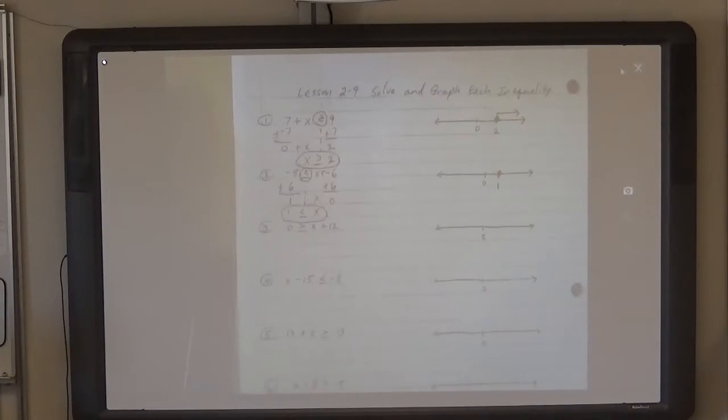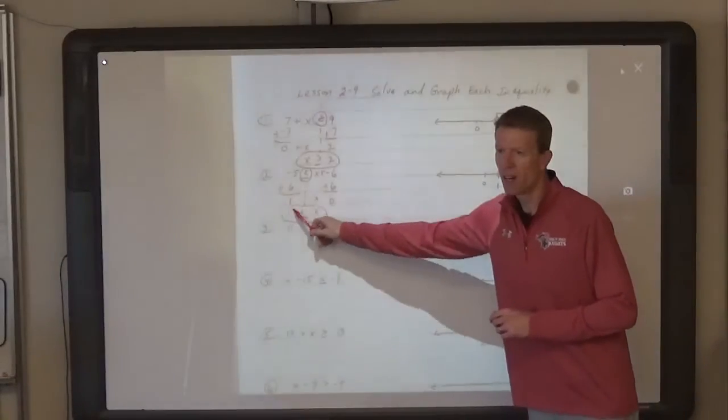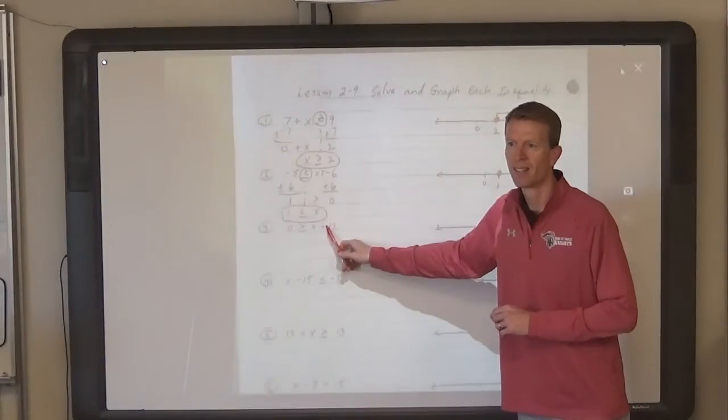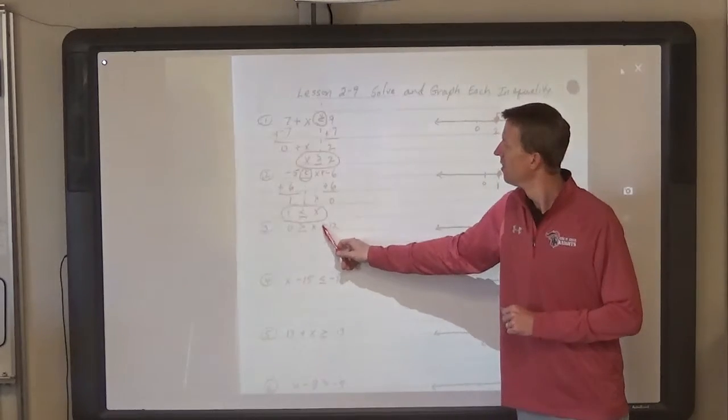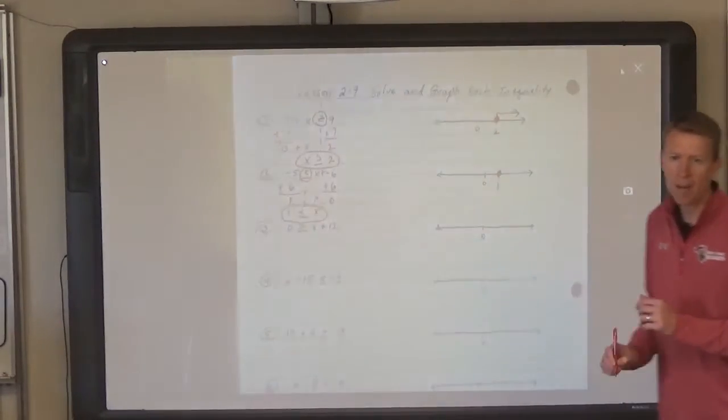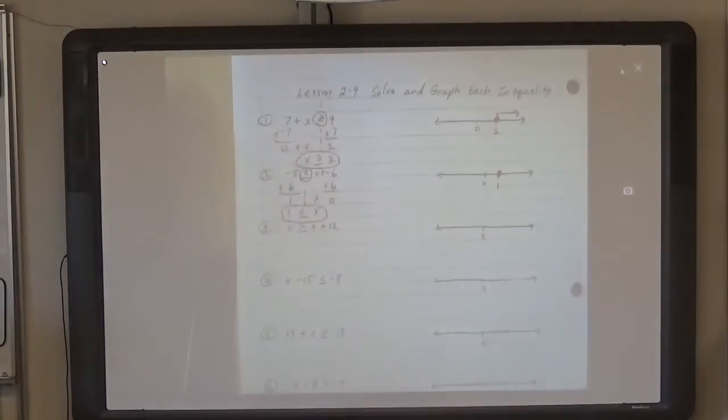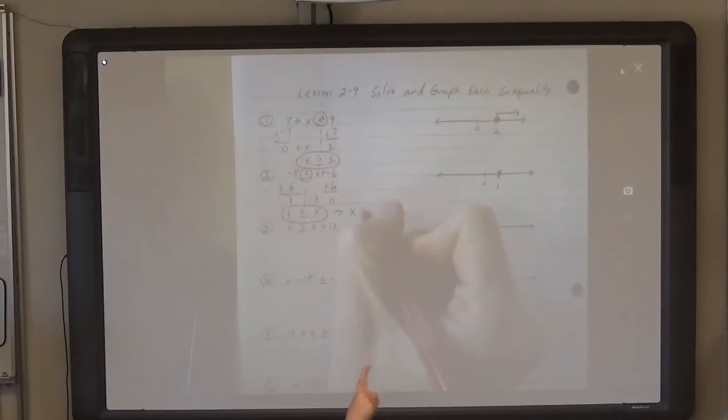To the right. Why would it be to the left? Because that's the way it's pointing. But is the variable written first in our solution? No. Oh no. To the right. So it has to shade the opposite way that the symbol is pointing. This means that x is greater than or equal to 1.